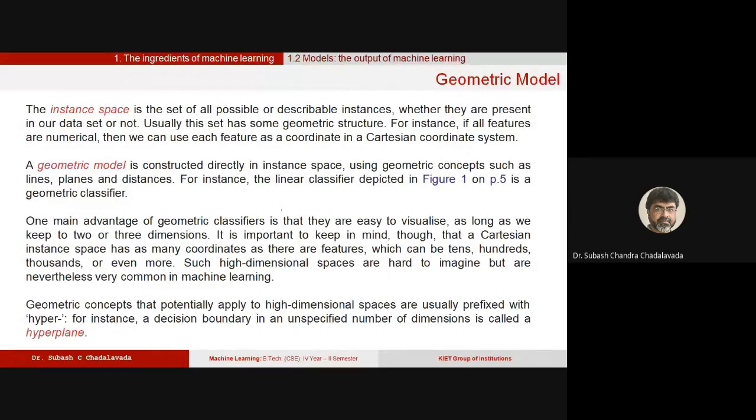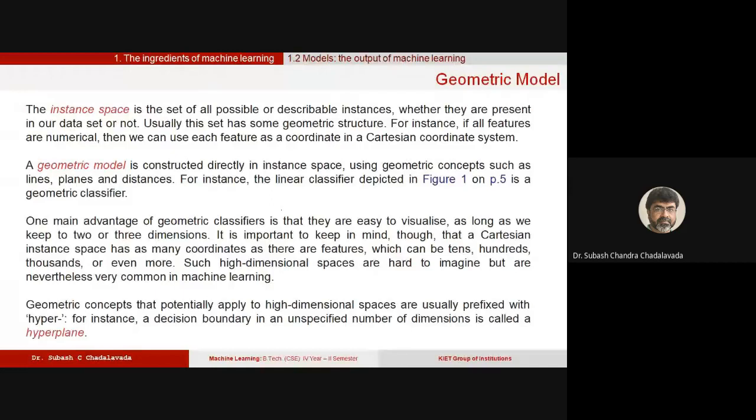So the instance space is 1,000, the entire thing, out of which you have considered 700, which are valid as your data set to run your program. Got it? So instance space is the entire space available, whereas a data set is a subset of your instance space. I think you have understood what I wanted to say, right? So that is an instance space.